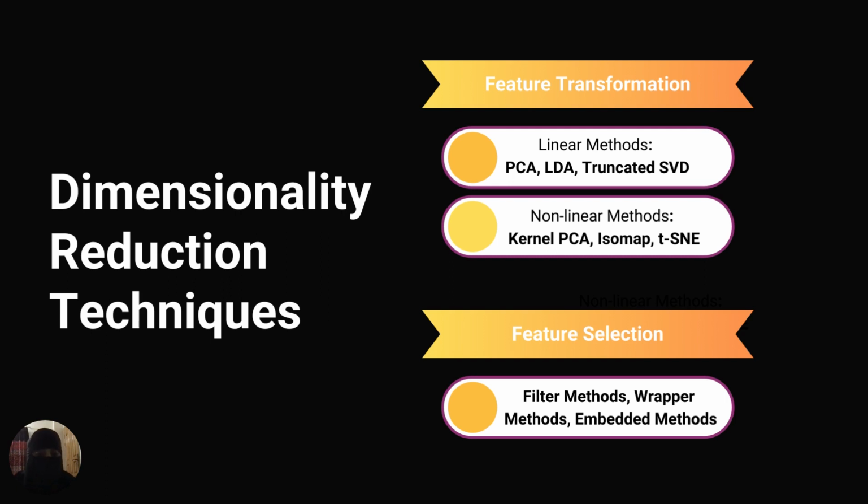The feature selection category has filter methods that include chi-squared test, for example, wrapper methods that include forward selection or recursive feature elimination, etc., and the embedded methods that include random forest or ridge regression, etc.